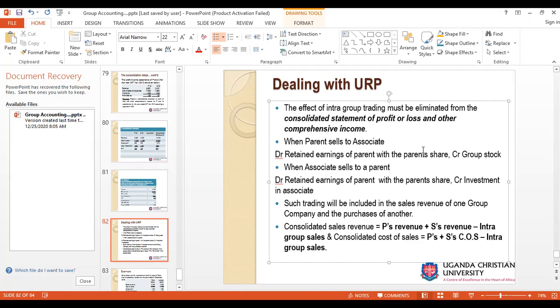I want us to do some adjustment here because we are dealing with consolidation, where we are consolidating the parent and the subsidiary. So let us only look at the subsidiary, not the associate, because the associate cannot be consolidated.